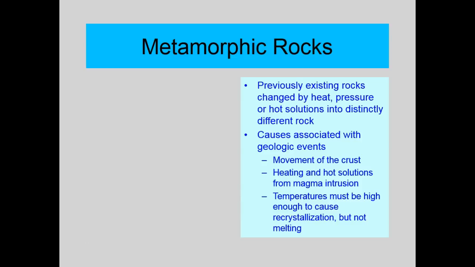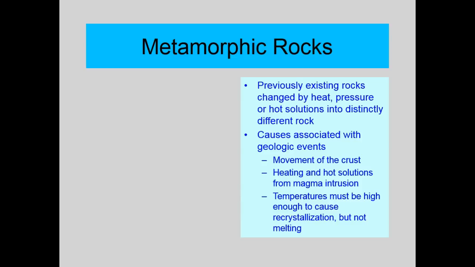That's called intrusive igneous rock. If the magma made its way to the surface and became lava and cooled rapidly, that made small crystal sizes, and that's called extrusive igneous rock. So that's one way to classify igneous rock, by crystal size, which has to do with the rate of cooling of that magma.